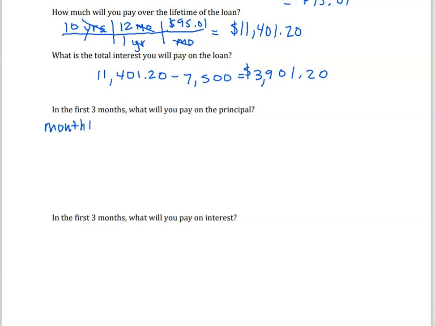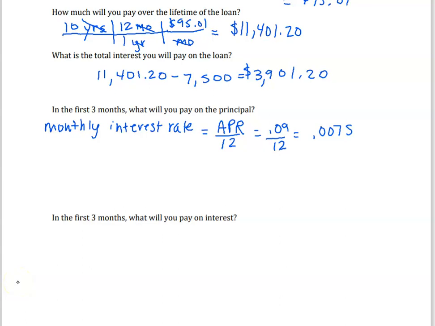We know that our monthly interest rate, we can calculate from our APR by taking our APR and dividing it by 12. So 0.09 divided by 12 is 0.0075.